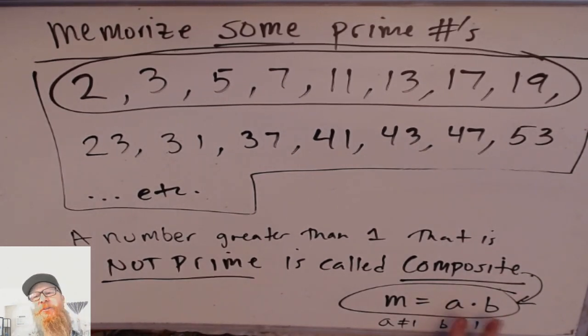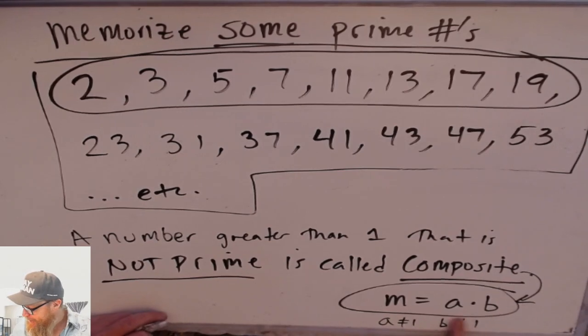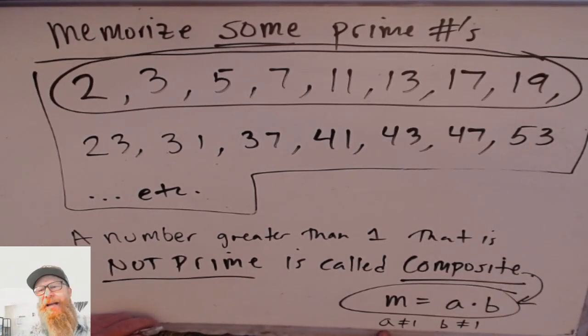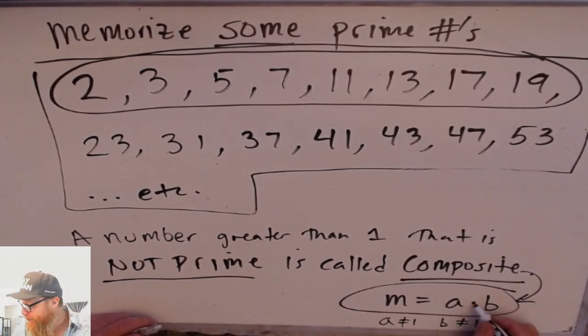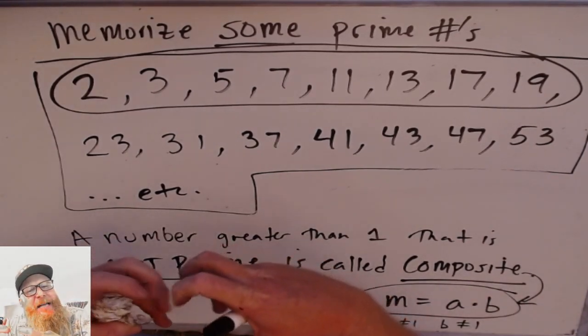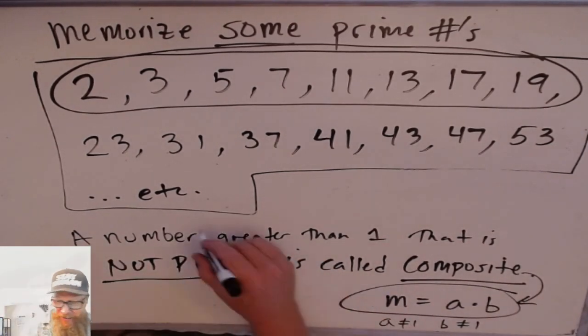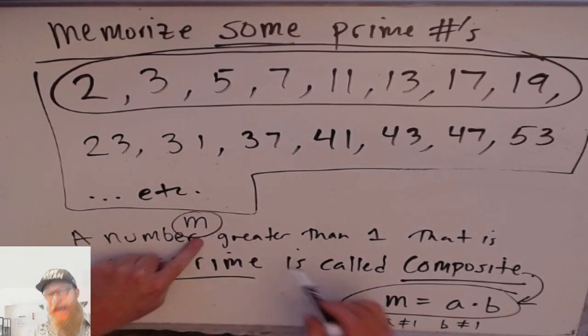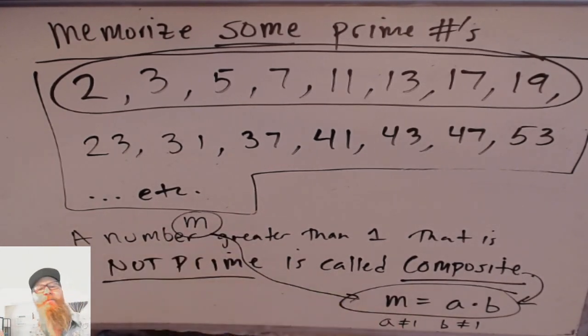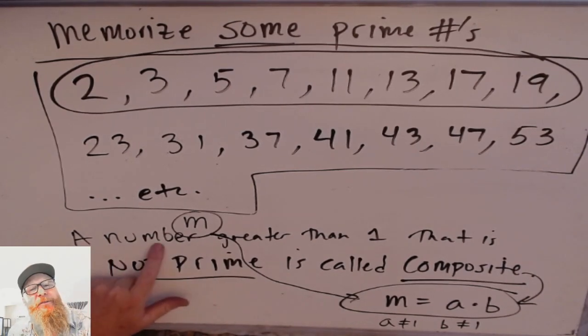So if you can multiply two numbers, neither of which is 1, remember 1 doesn't count, then you say it's composite. This is a not equal to sign. A is not 1, B is not 1. So if you can compose these two numbers together to get this bigger number, M, it is called composite. Sometimes I'll use N for number. In this case, I'm using M for number.